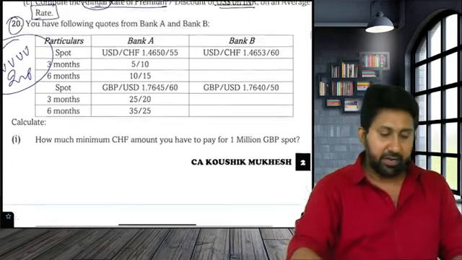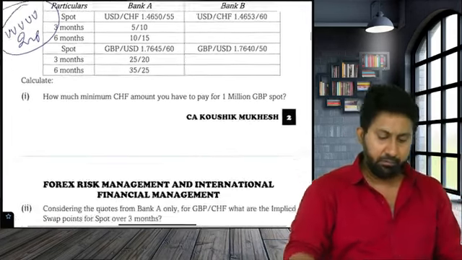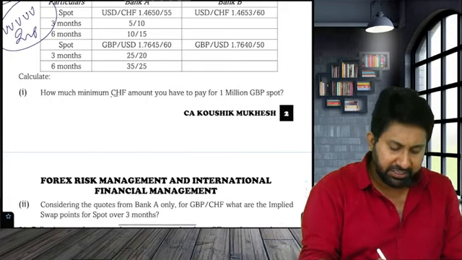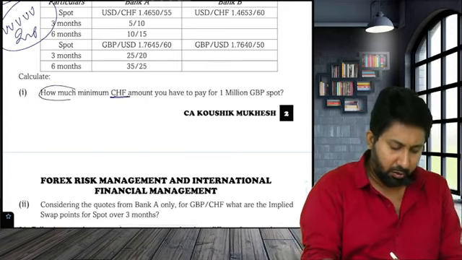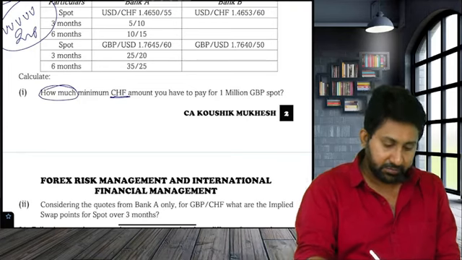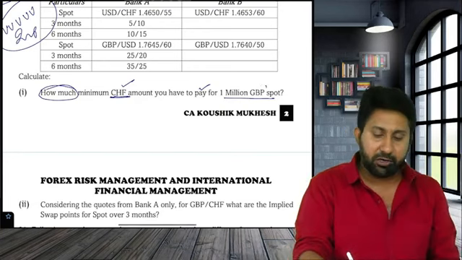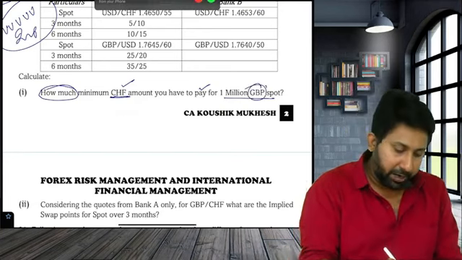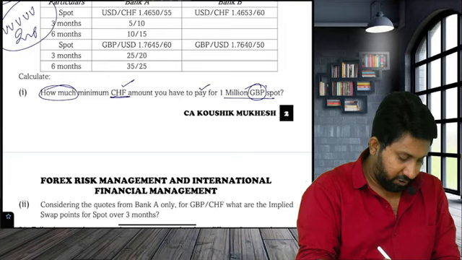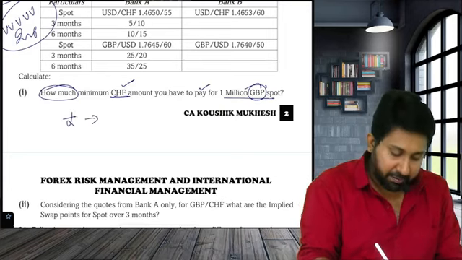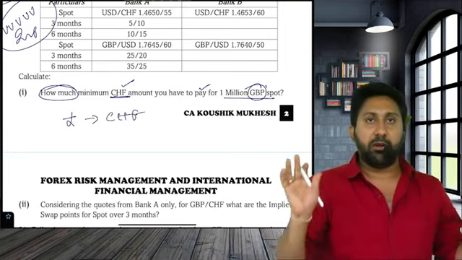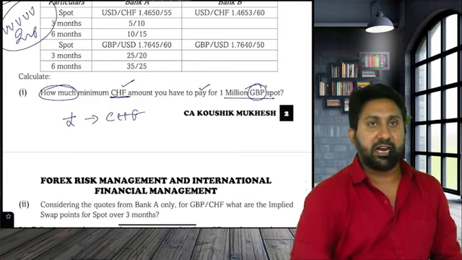See here, let us try to understand the query. How much minimum CHF amount, how many units of CHF do you have to pay for 1 million GBP? That means we want to buy GBP. We want to buy the pounds by spending CHF. Now tell me how to quote this particular transaction.